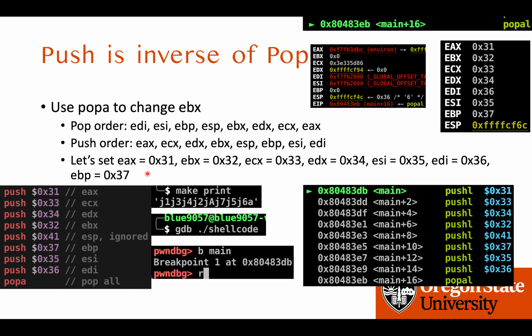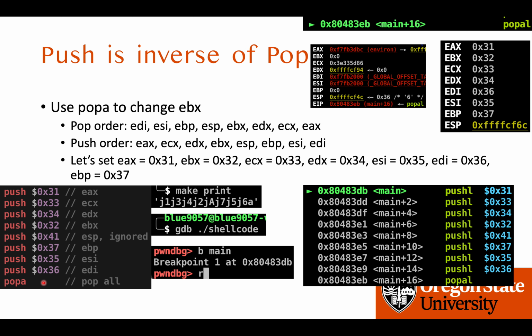And to do that, we push all the values in the stack with the push order. So we first push EAX, ECX, EDX, EBX, and ESP is ignored, so we push any kind of alphanumeric character here to make the entire thing alphanumeric, and EBP, ESI, and EDI, and POPA.